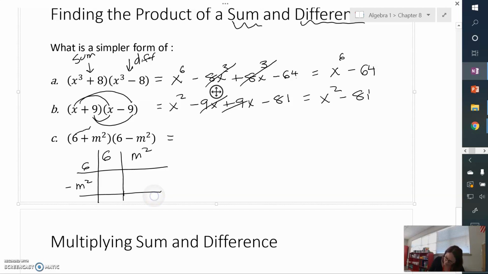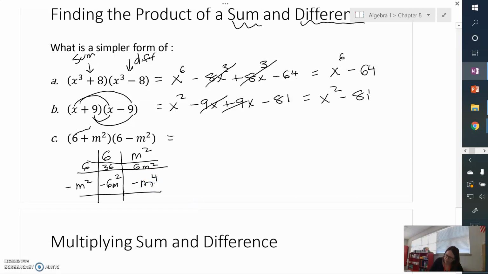So 6 times 6 is 36. 6 times negative m squared is negative 6m squared. 6 times positive m squared is 6m squared. And then a negative m squared times a positive m squared is a negative m to the 4th.